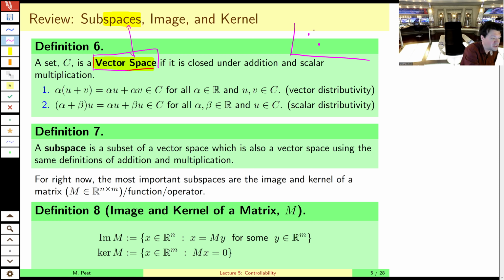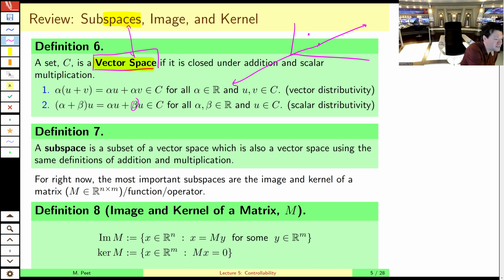Not just a convex combination of those 2 points, but any coefficients alpha and beta in R, not only positive coefficients, they can be negative as well. So if this point is in the space, all the coefficients down to 0, all the positive coefficients, and actually all the negative coefficients as well, also have to be in the space.